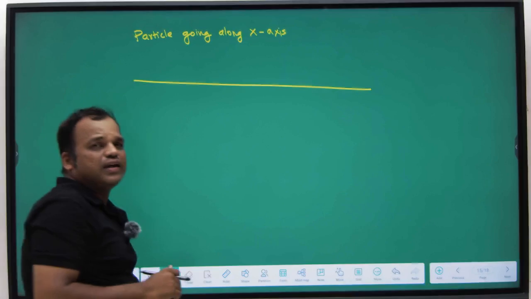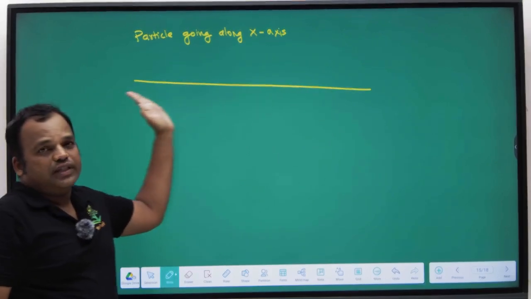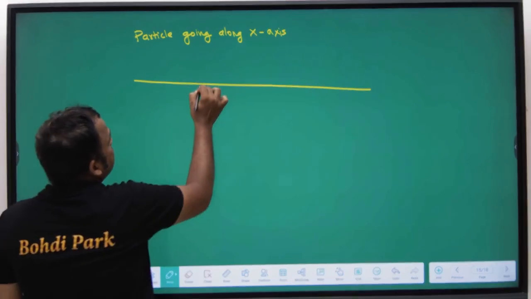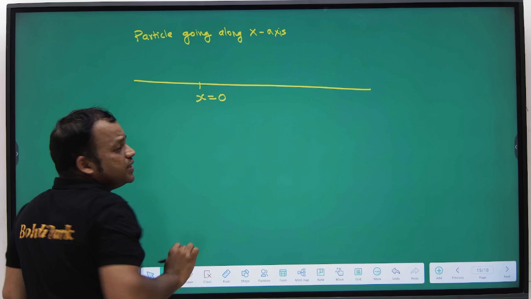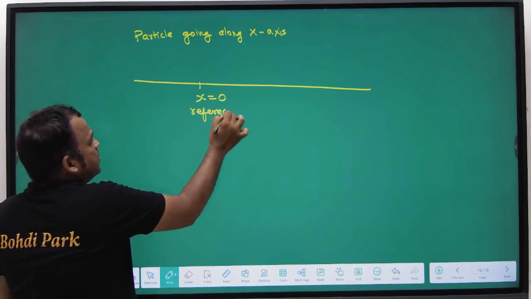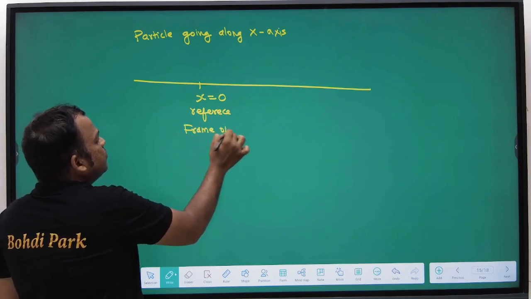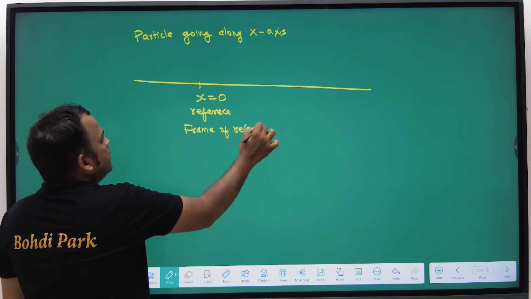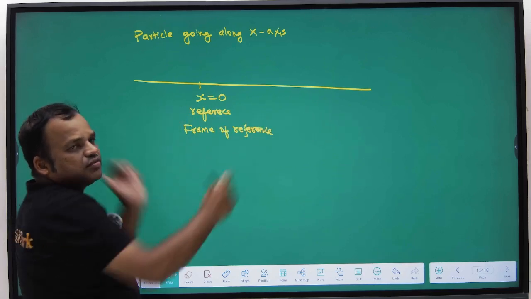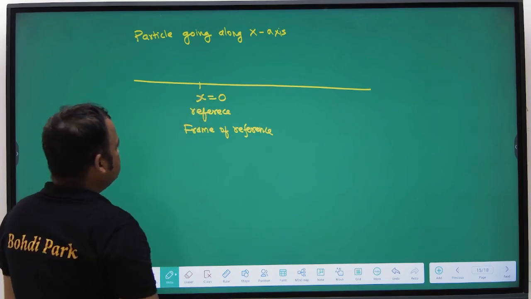When I say it is going along the x-axis, it can be going right side, it can be going left side. Suppose x equal to 0, it is a reference, or we can call it the frame of reference. So the x-axis is the frame of reference with the reference at origin.